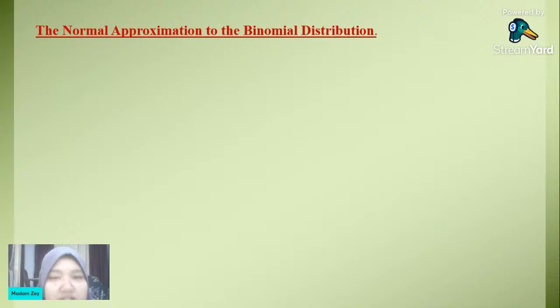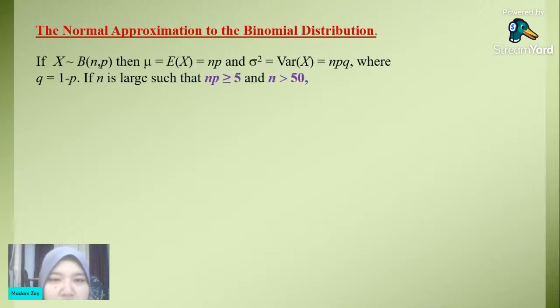Okay, it's originally a binomial distribution. It's given the probability of success and the number of trials, but even with all this information, we cannot solve it using the binomial distribution. So if X is binomial with parameters n and p, then mu, the expected value, is equal to np, and sigma squared, the variance of X, is equal to npq, where q is equal to 1 minus p.